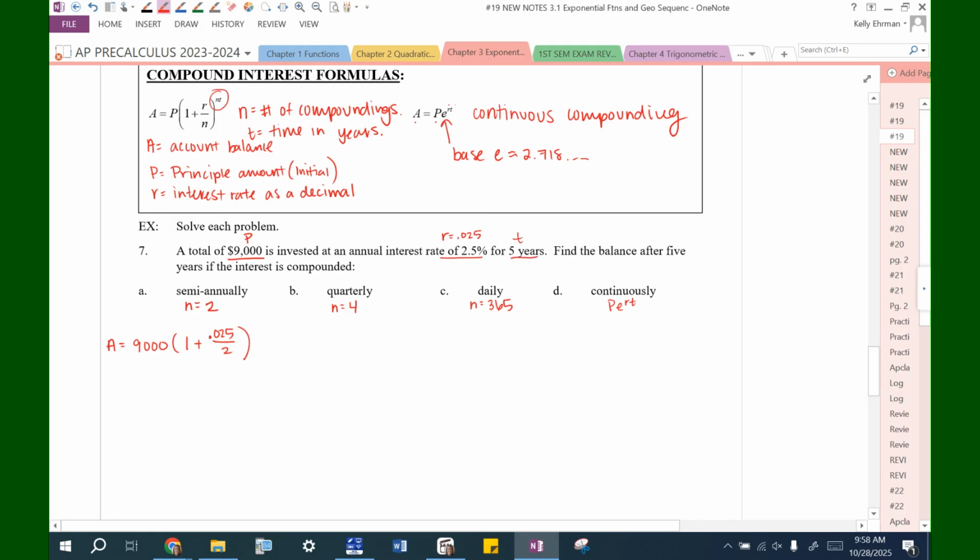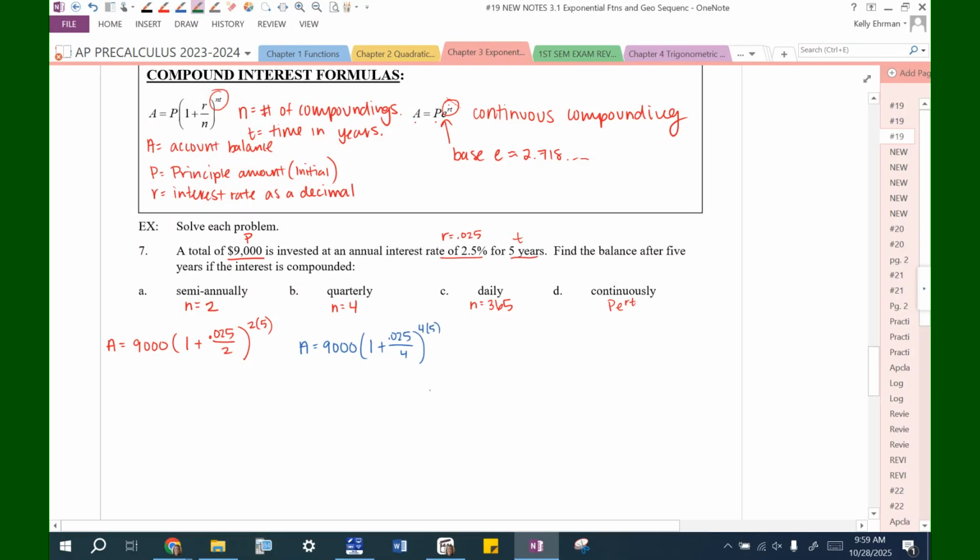That's the most common mistake because this one's to the RT, this one's to the NT. So 2 times 5. This equation is going to be A equals 9,000 times (1 plus 0.025 over 4) to the 4 times 5.